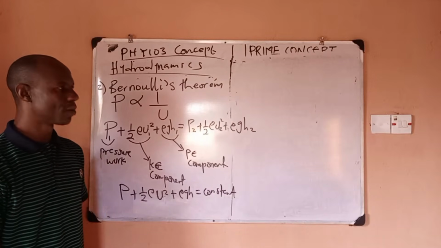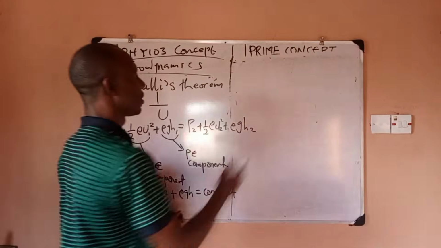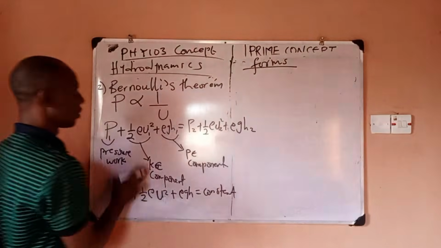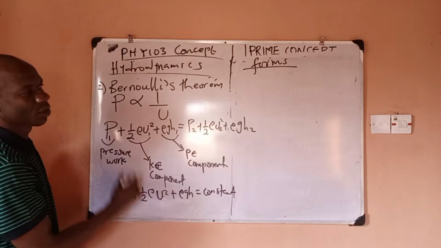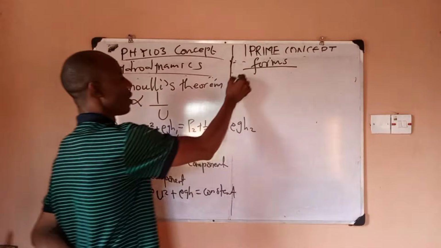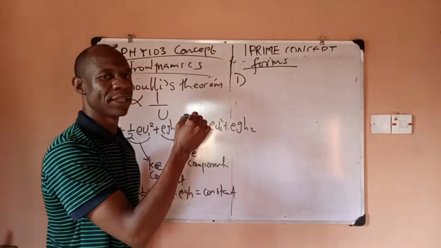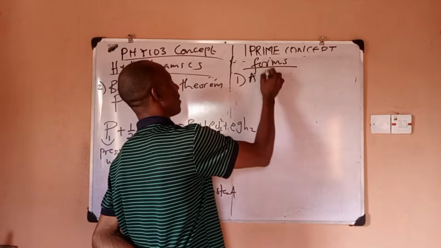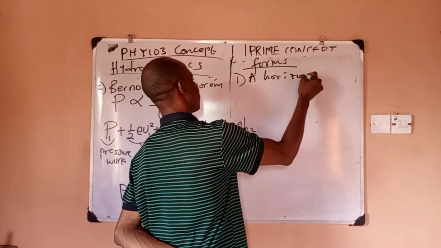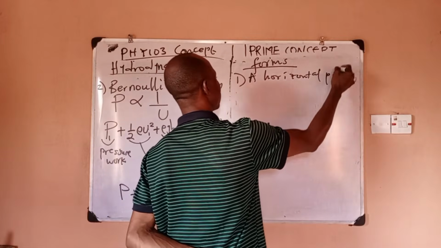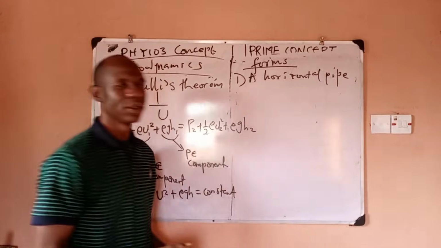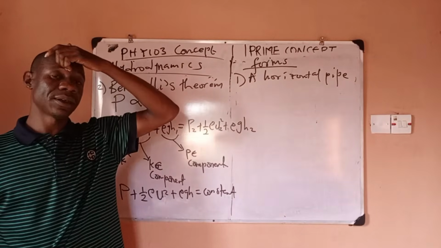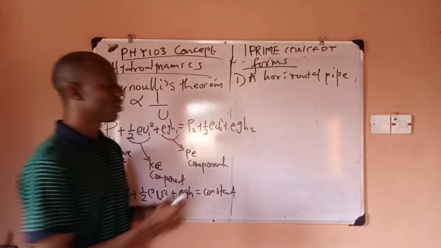Right? Now, there are different forms of Bernoulli's theorem. This is the original form of Bernoulli's theorem. So we have some other modified forms. One of them is Bernoulli's theorem for a horizontal pipe. Now, what do we mean by a horizontal pipe?